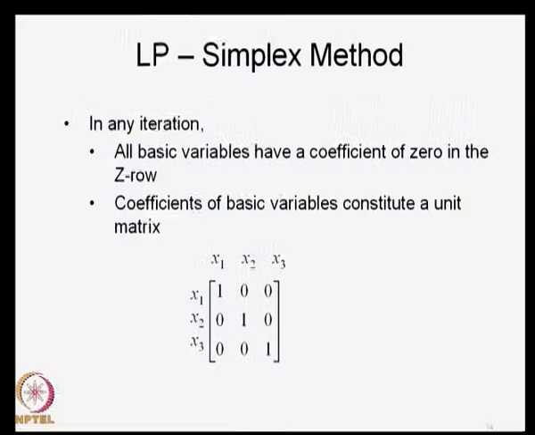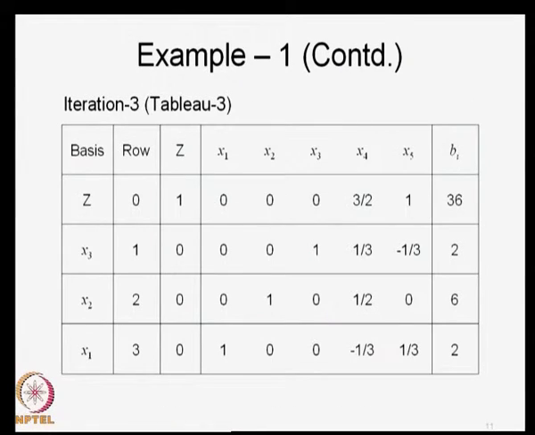Then another feature is, you look at any of the iterations. Let us say x3, x2 and x1. You look at the coefficient of x3 under x3, that will be 1, and the coefficient of x3 corresponding to the other two basic variables will be 0. So, x3 has a coefficient of 1, and x1 and x2 are the other two basic variables.